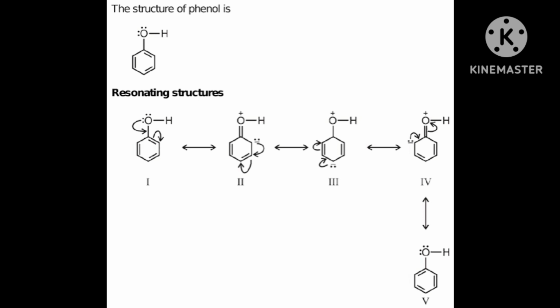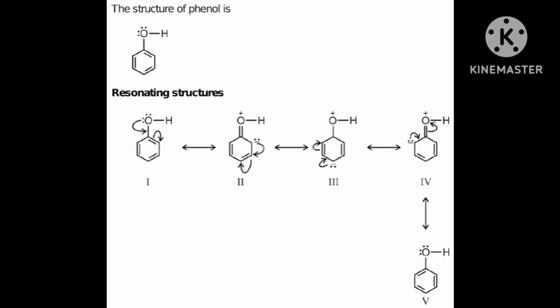That's why this phenol will lose the proton, meaning H plus. This effect is more pronounced when such a group is present at ortho and para positions. It is due to the effective delocalization of negative charge in the phenoxide ion.